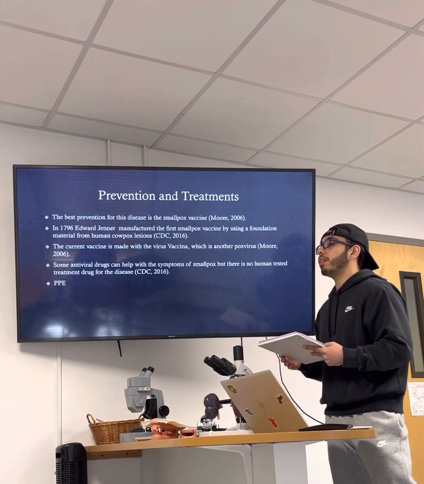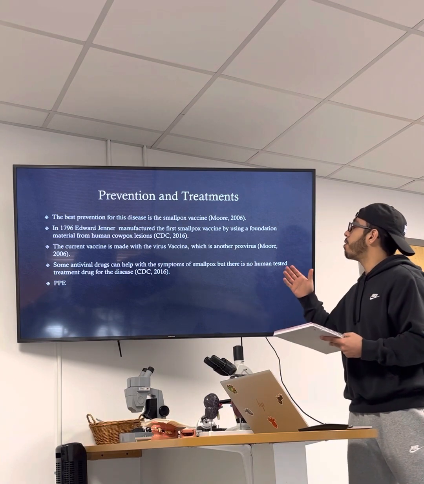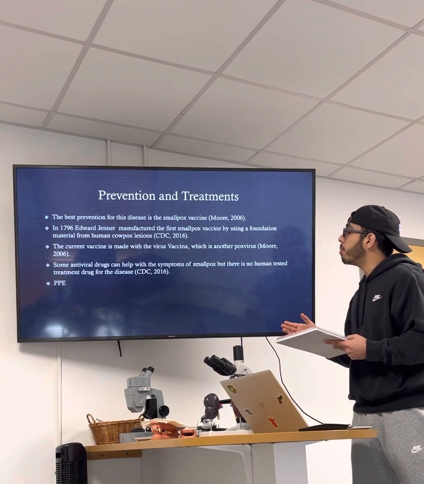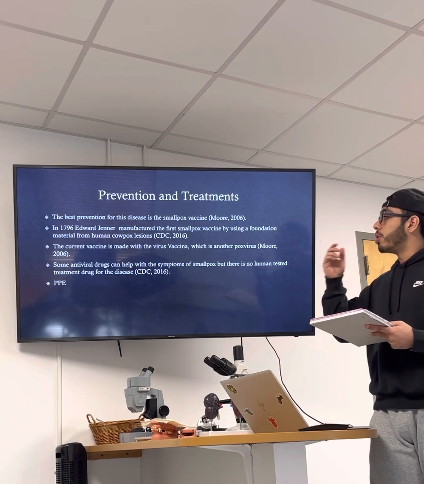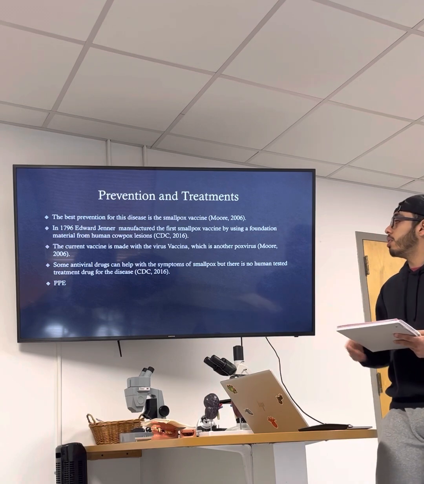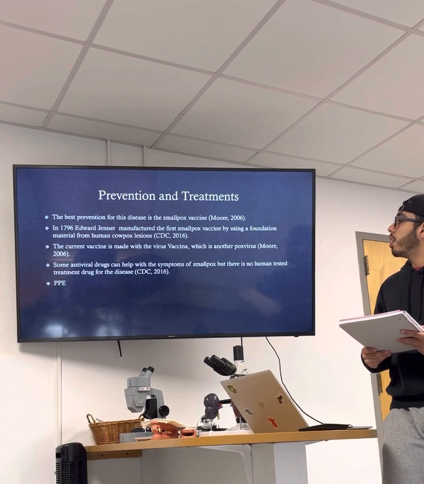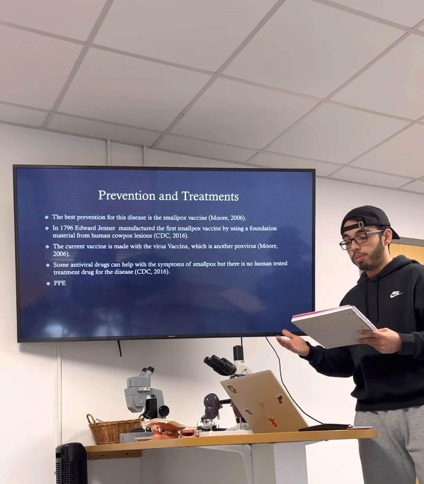It is a much safer virus that is in the same family. So it's similar to how Edward Jenner used cowpox to make that vaccine. This vaccine uses the vaccinia virus. So in doing this, you can become more immune to the smallpox virus.